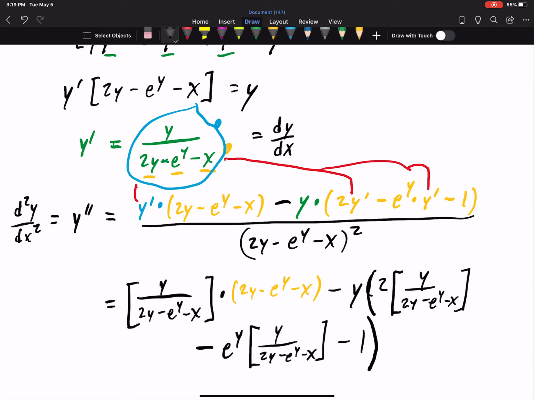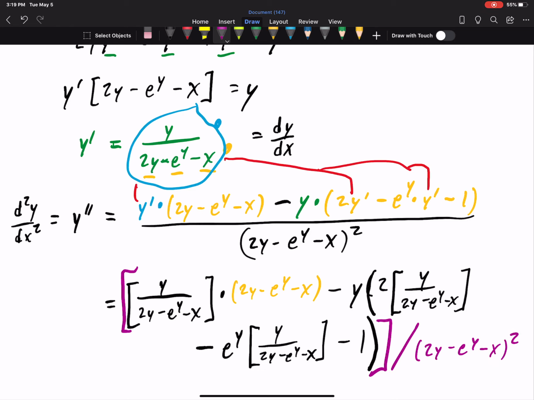All right, we're not quite done yet because this entire thing needs to be put over the denominator that we had originally. So we just handled substituting in for our y primes. Now we just need to divide by this lovely thing squared. So I'm going to put a big box around the entire numerator and then put this over the denominator squared.